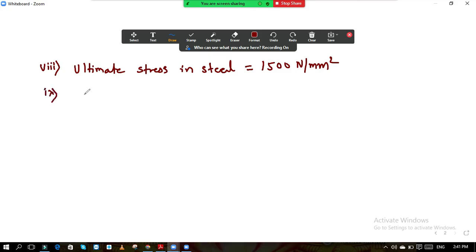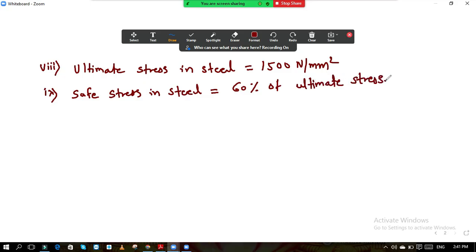Ninth, safe stress in steel is equal to 60% of ultimate stress. Okay.